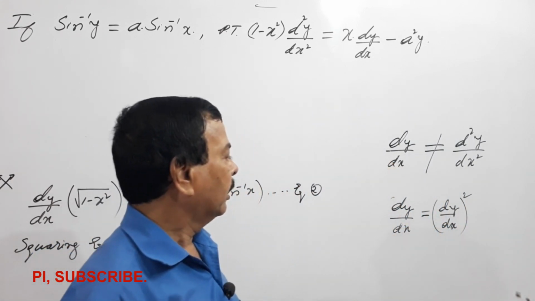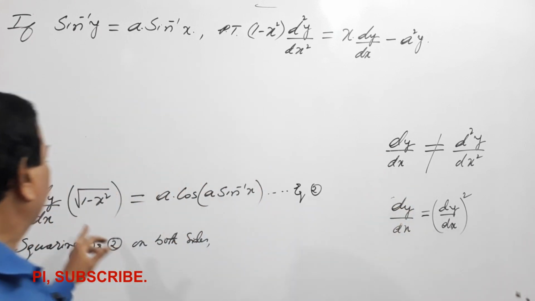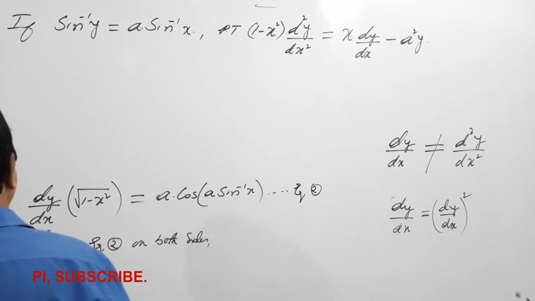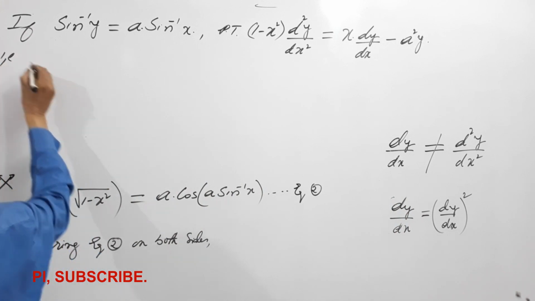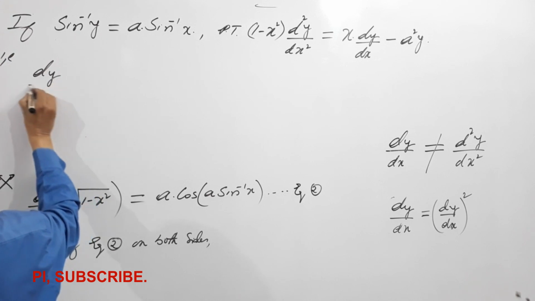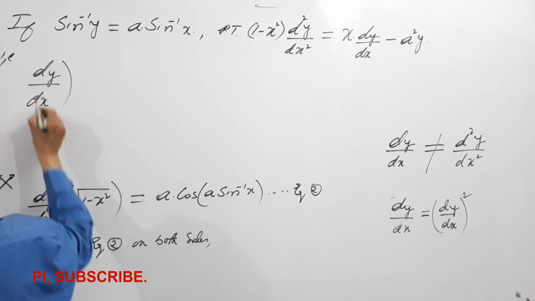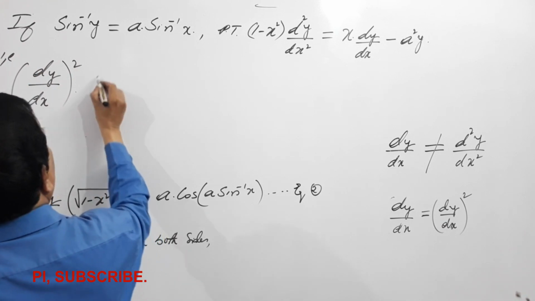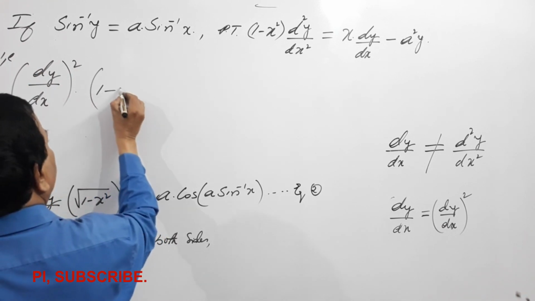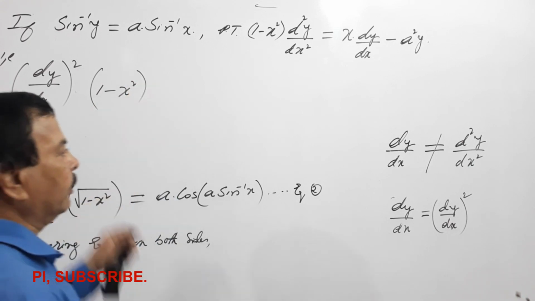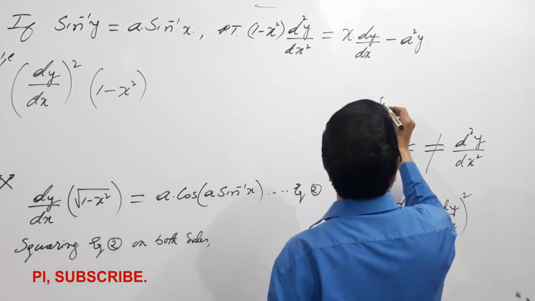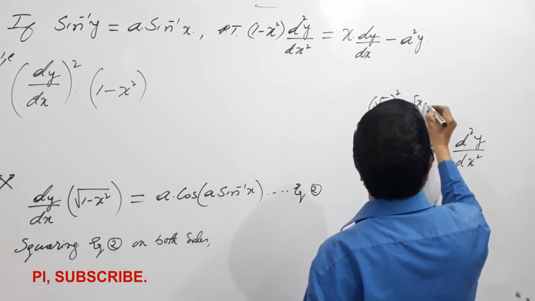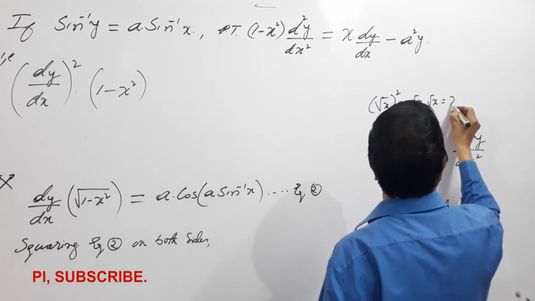You are squaring now both sides, so this becomes dy by dx the whole square, and this becomes 1 minus x square. I told you, root x the whole square is nothing but root x into root x, which is nothing but x.